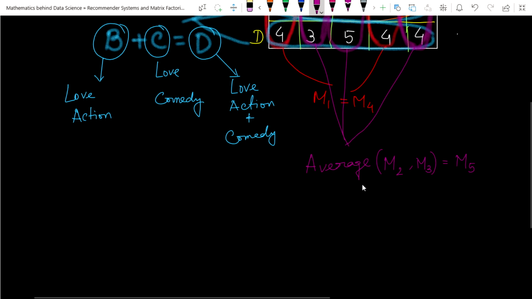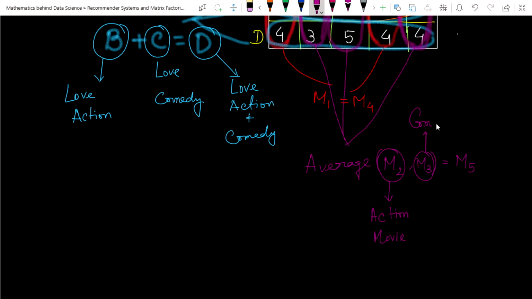Suppose the M2 movie is an action movie, and this M3 movie is a comedy movie. Now the M5 movie will look like average action, average comedy.